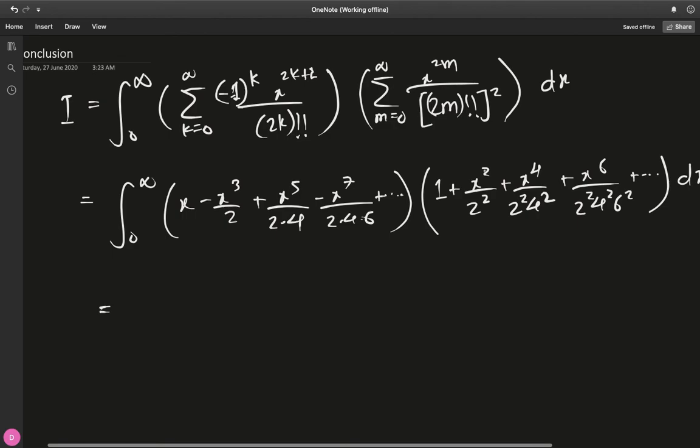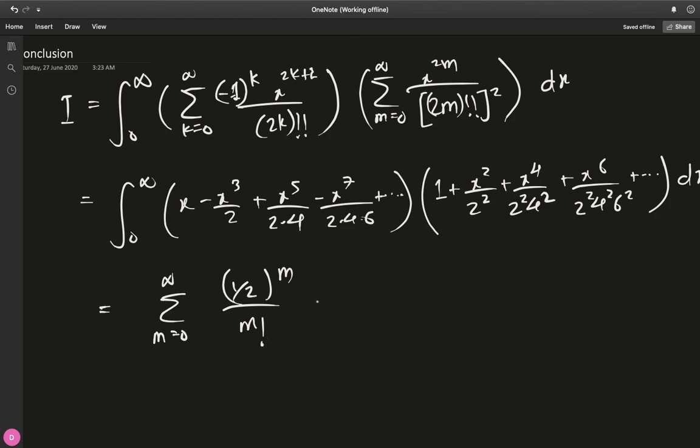Observe that the entire integral was going to gamma in a sum, and then we cancel off some excess terms, and then we ended up with a Taylor series that looked like this, the sum from m equals 0 to infinity of half to the m over m factorial, which we quickly recognized to be e to the half, the Taylor series of e to the half, which is just square root of e.